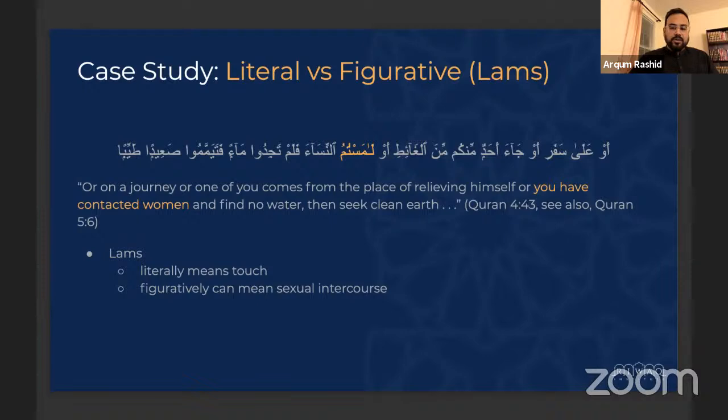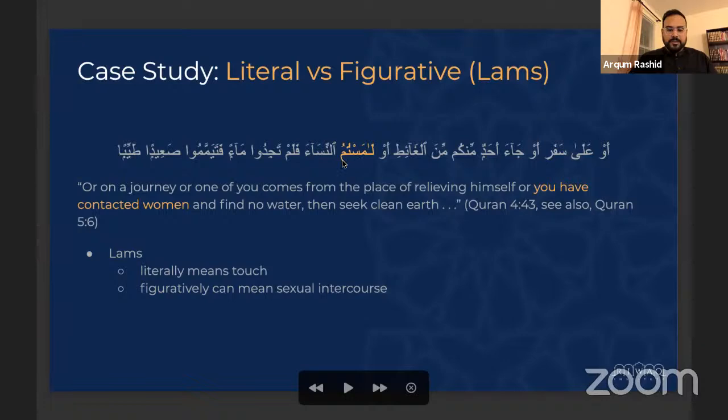أو على سفر أو جاء أحد منكم من الغائط أو لامستم النساء. So this word here is our focus. أو لامستم. Let's look at the translation that they give. Most of these translations are usually Sahih International. You have contacted women.